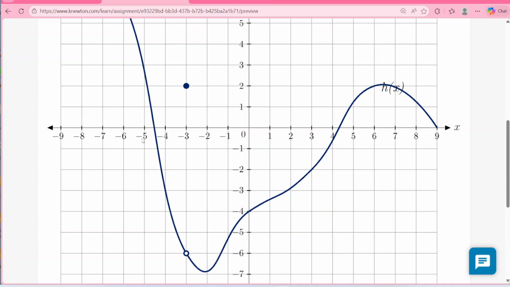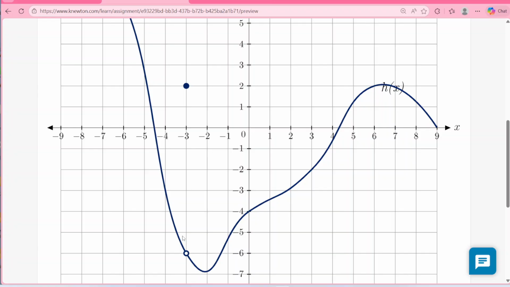We want to see what happens to the left and right of -3 and what location the graph is approaching. To the left of -3, we're on this part of the graph going down to this open point down here, (-3, -6). The graph is approaching that location on the left side of -3. Then go to the graph to the right of -3, and you're approaching the same location, which has a y value of -6.